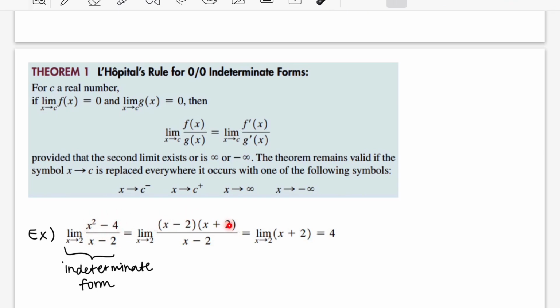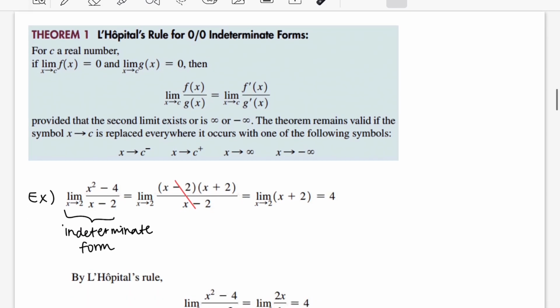So we'll get x minus 2, x plus 2, and then the x minus 2 in the numerator and denominator will cancel. And so we're just left with the limit of x plus 2 as x approaches 2. And so we end up with 4. So in that case, we were able to do an algebraic simplification and evaluate this limit.